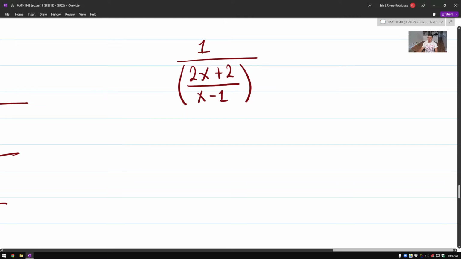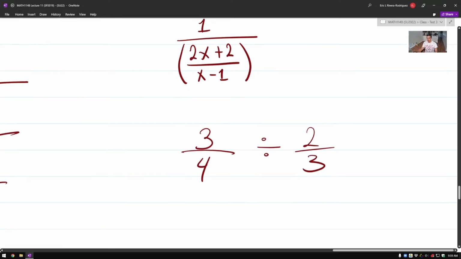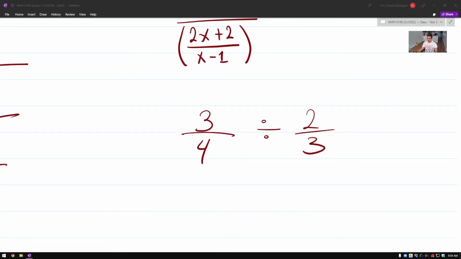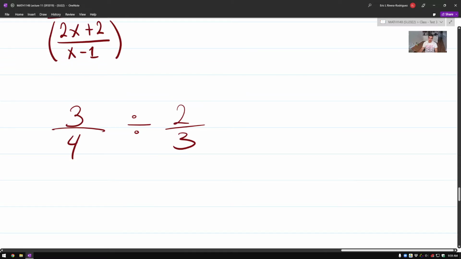Okay, let's see the example. Let's do 3/4 divided by 2/3. How do we divide this? Do you remember? Perfect. Yeah, we are going to take the reciprocal of the second fraction.